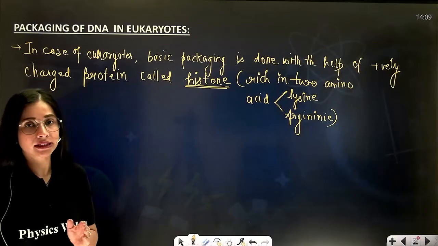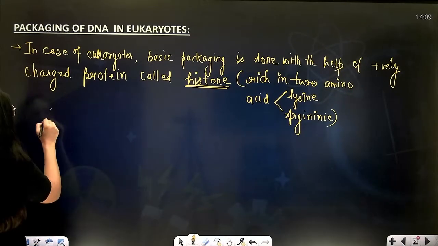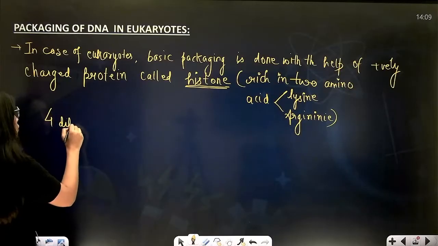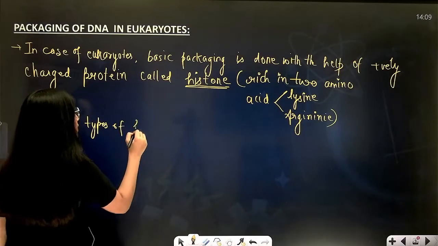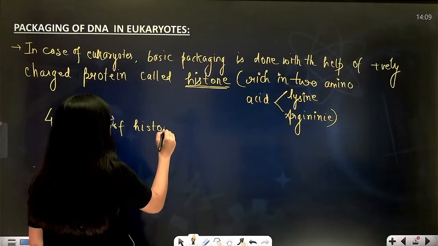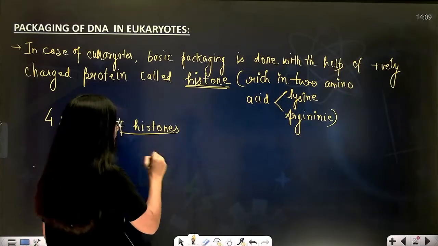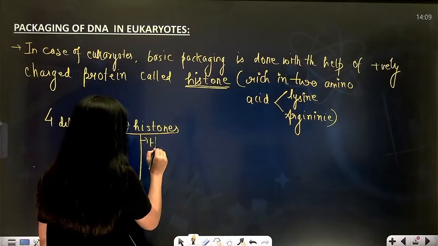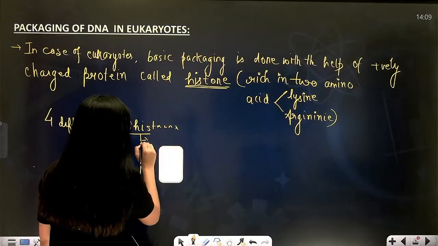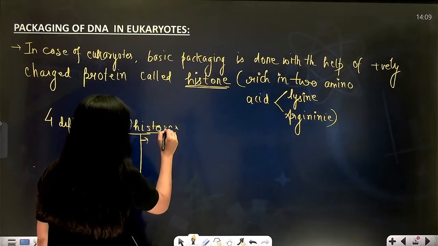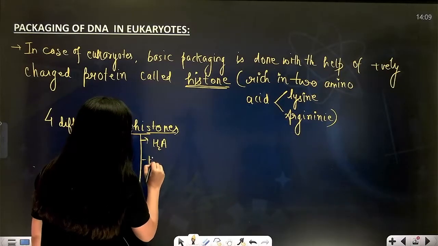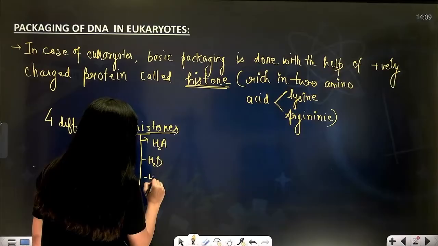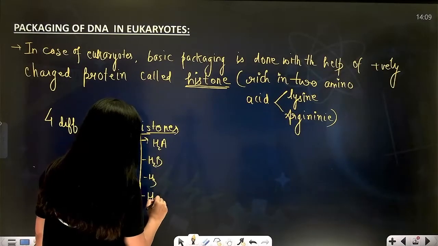Now for the packaging of DNA, there are 4 different types of histones involved in the basic level of packaging, which are H2A, H2B, H3 and H4.